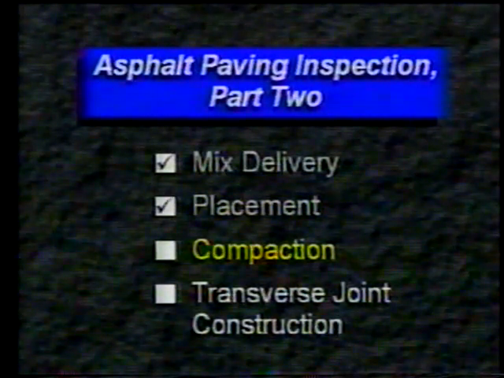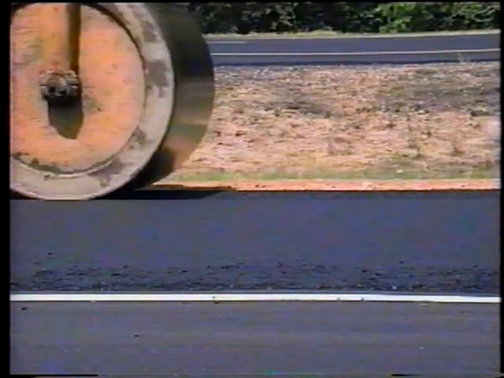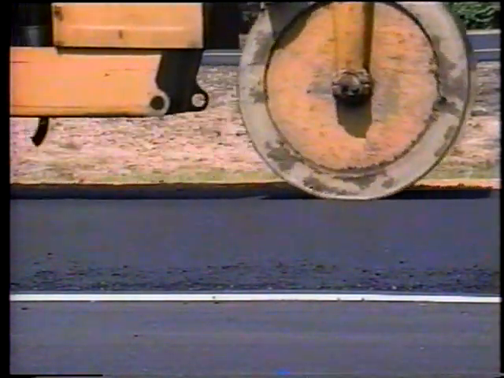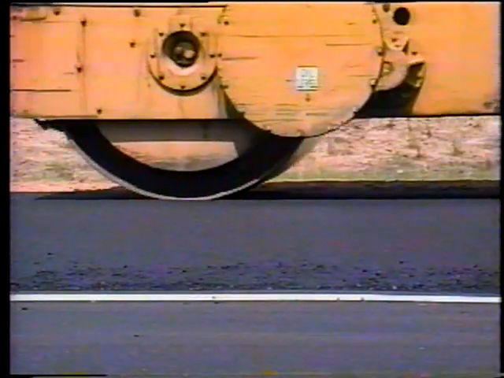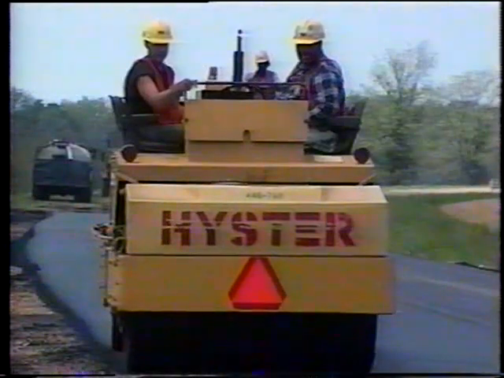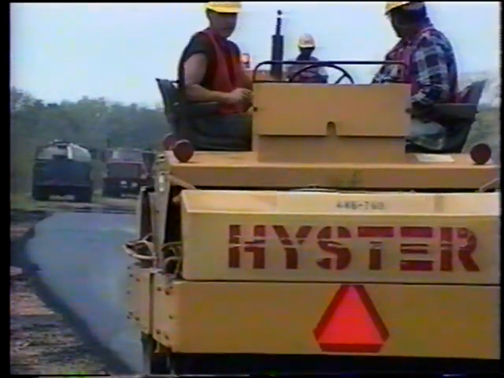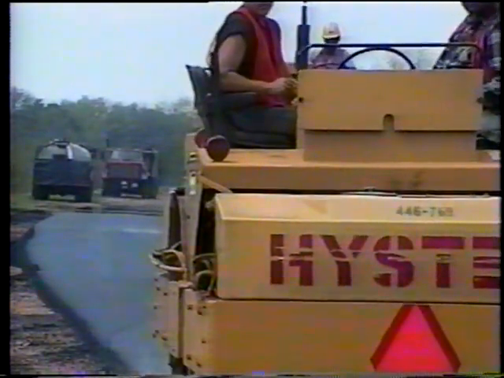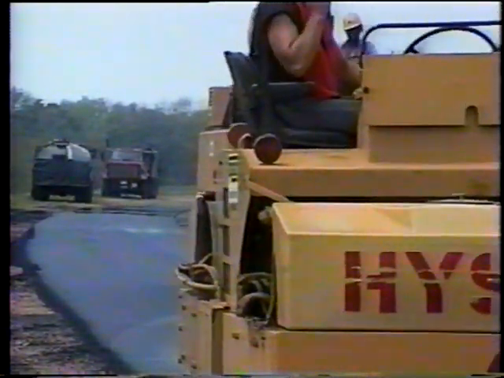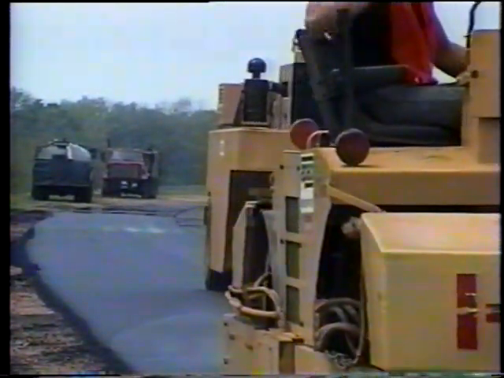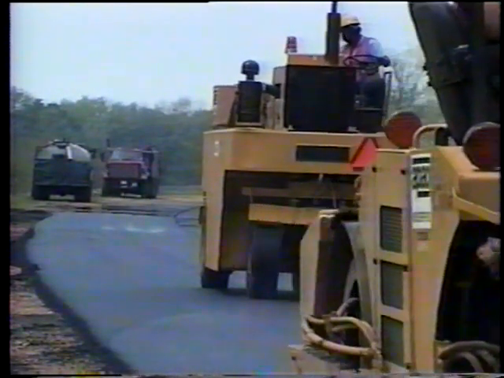Now let's look at compaction. Compaction makes the pavement dense, so it will maintain its shape and have the required strength for traffic loads. Different types of rollers may be used and different rolling patterns may be followed from job to job, but all rolling must achieve the desired density, smoothness, and surface texture.